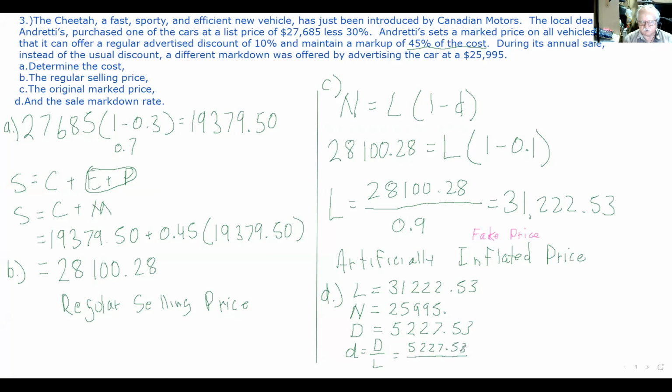And now we can divide 5,227.53 divided by the list price. For some reason my light here keeps flickering on and off. Hope that means my power is not going off. And of course, we'll go times 100 to turn it into a percentage. Let's see what we get here.